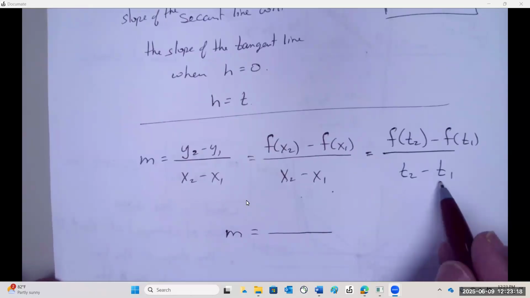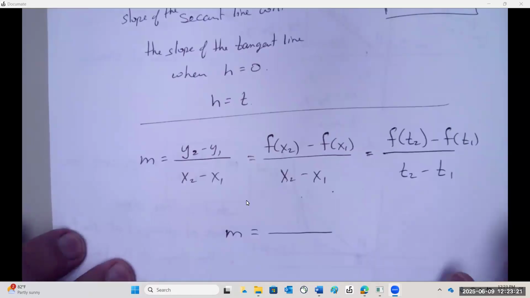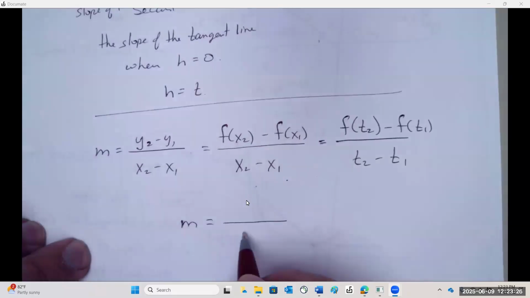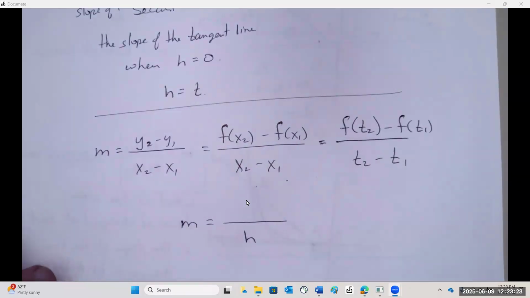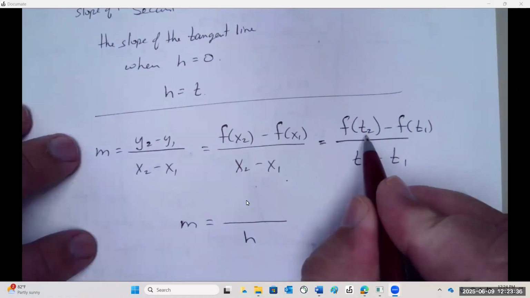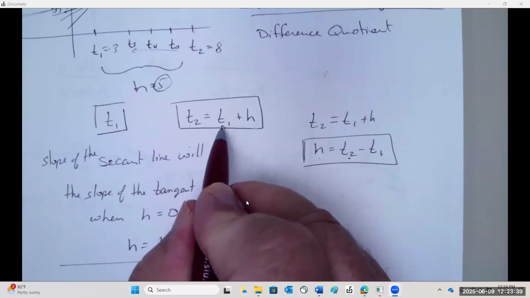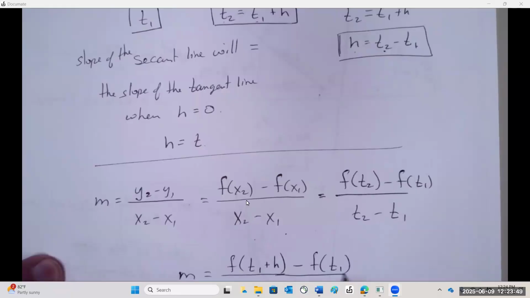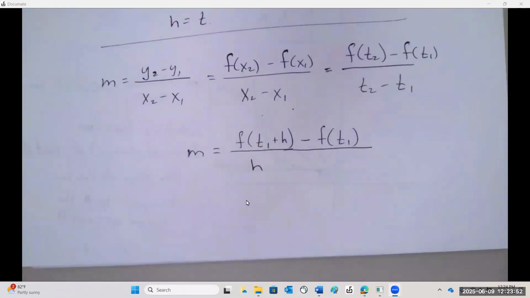So what is t2 minus t1? t2 minus t1, we define that as h. What is t2? t2 is t1 plus h. So it's f of t1 plus h minus f of t1. Because remember, we only want the slope at one point.